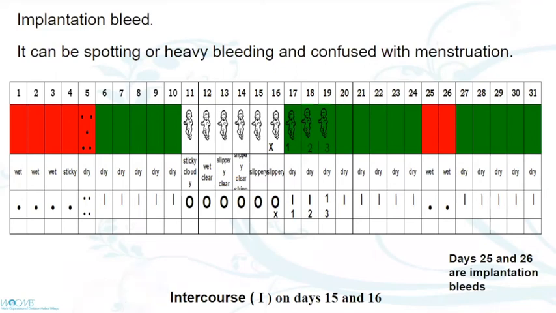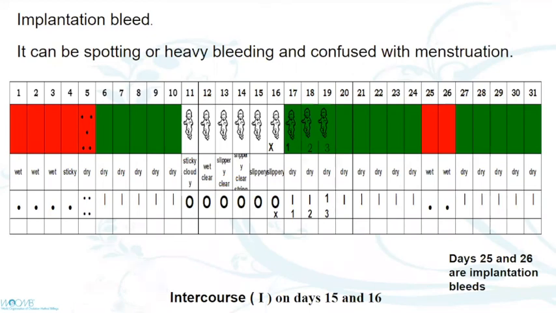And of course, it will create confusion. How come I turned to be pregnant if I saw menstrual bleeding last 25th and 26th? But now, because of education regarding the 4 types of bleeding, when you now handle instruction to women, especially couples, you can tell them that there are 4 types of bleeding.